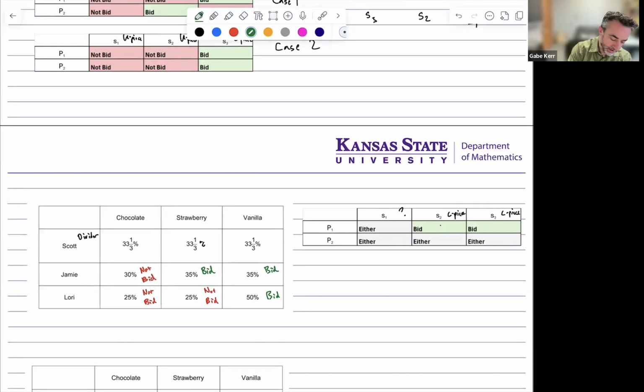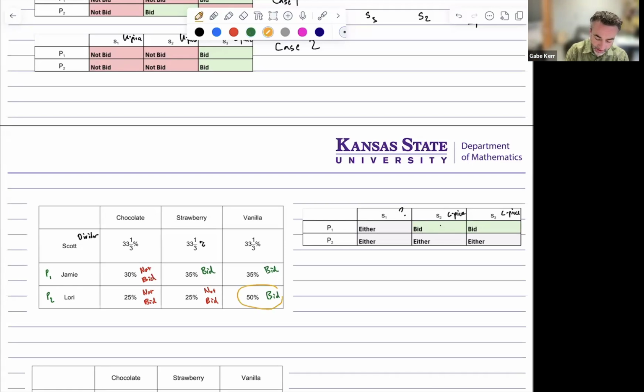Well, in this example, we have a player one and a player two, and one of the players has bid on two or more of the shares. And so in this case, Jamie, pardon me. And so here, all we have to do is say Lori gets whatever she's bidding on.